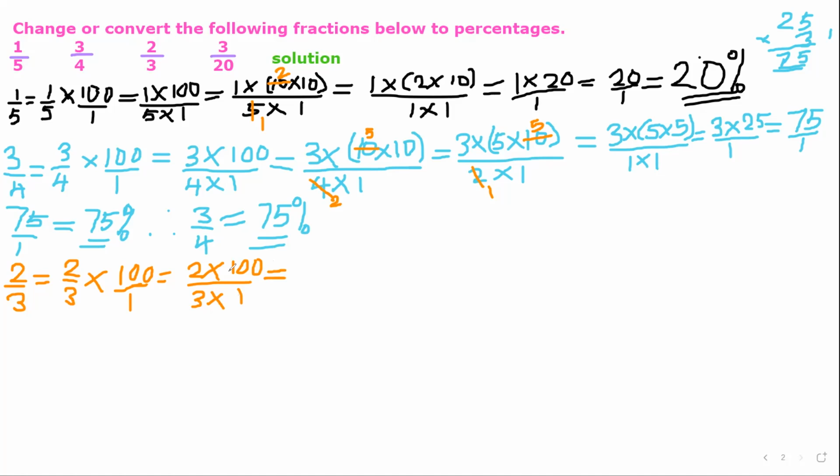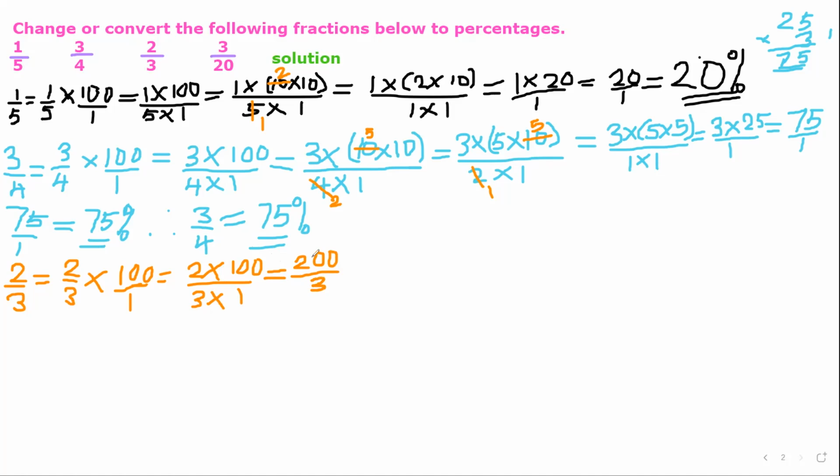Even when you simplify the 100, you get 10 times 10. There's no number that can cancel one of the 10s to cancel the 3 here. So just multiply them straight up. So 2 times 100 will give you 200, all over the 3 times 1, which will also give you 3.